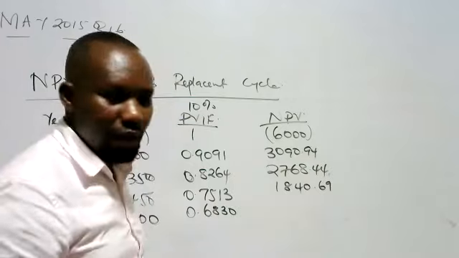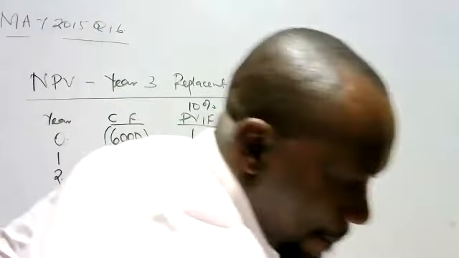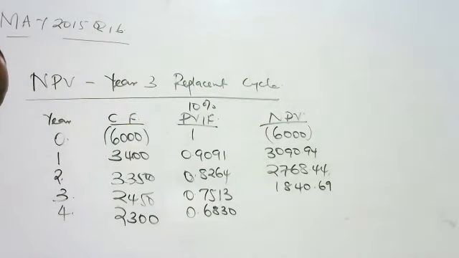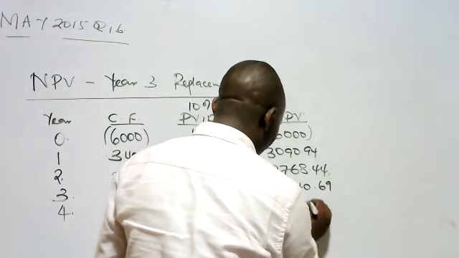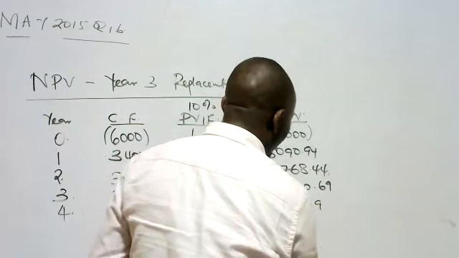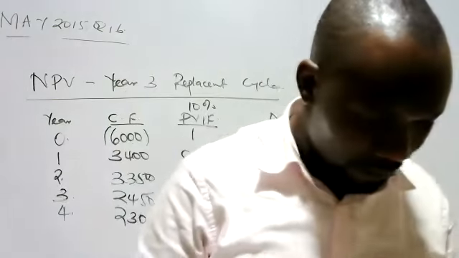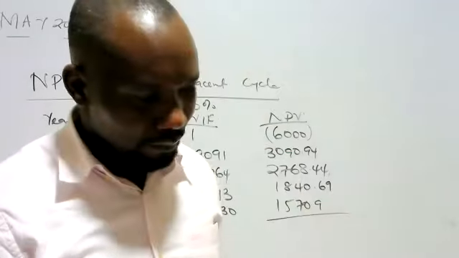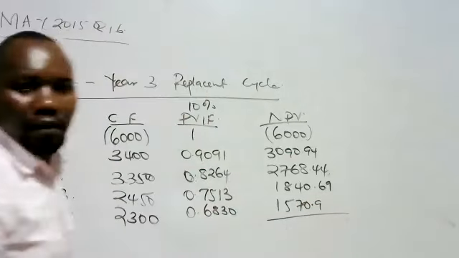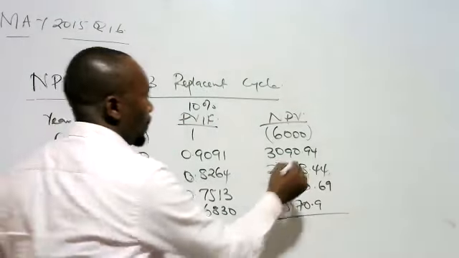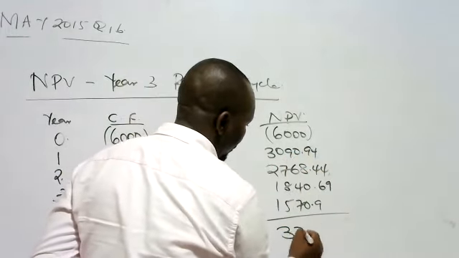I get you the figure here. 2,300 times 0.6830. So what is the total? NPV is 3270. Thank you so much.